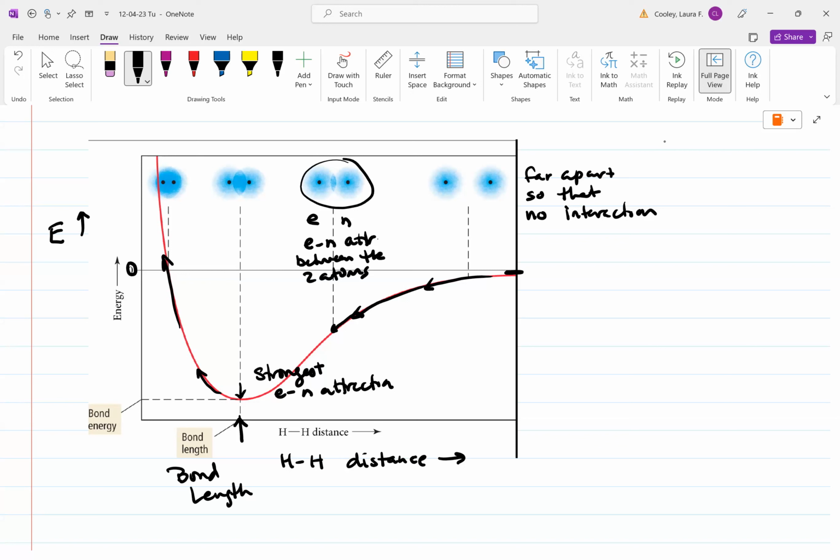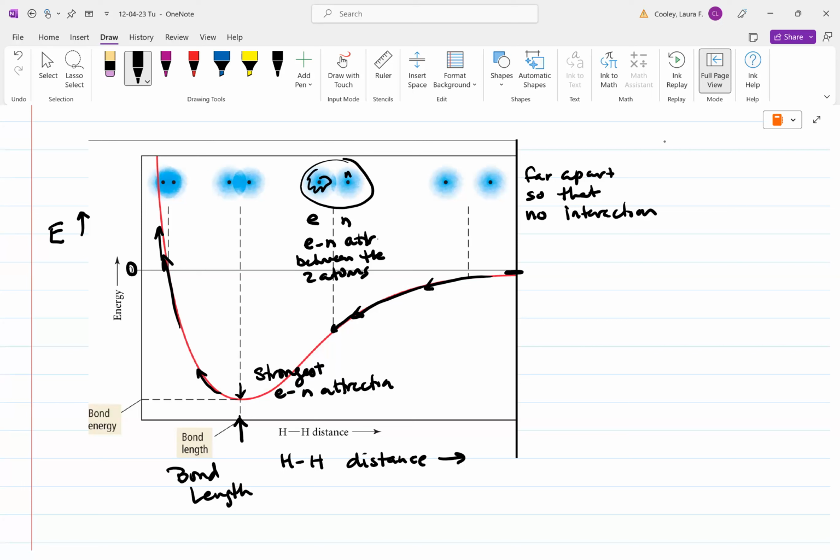So we're looking at what happens to this energy as you get closer and closer together. Why do you think the energy is going up here? What is another interaction that you have when you have two atoms? It's not just attractions for the electrons on one and the nucleus on the other.